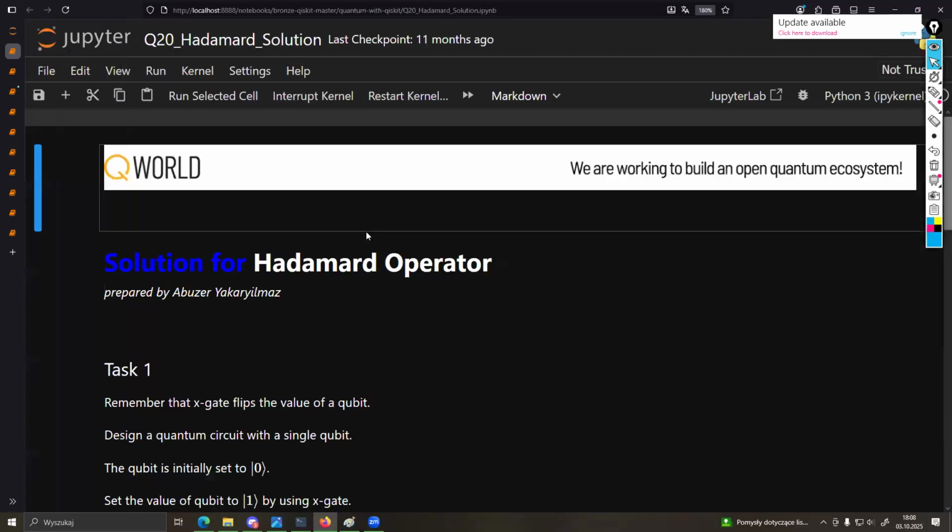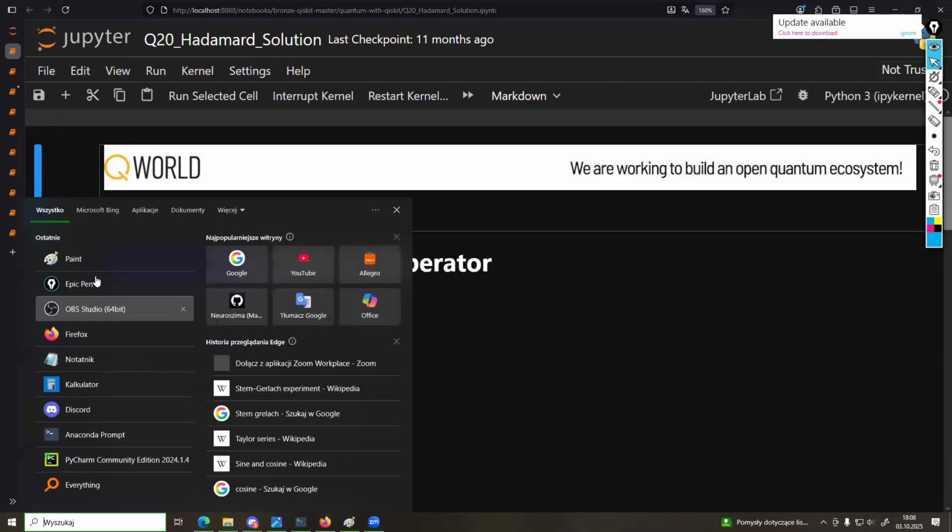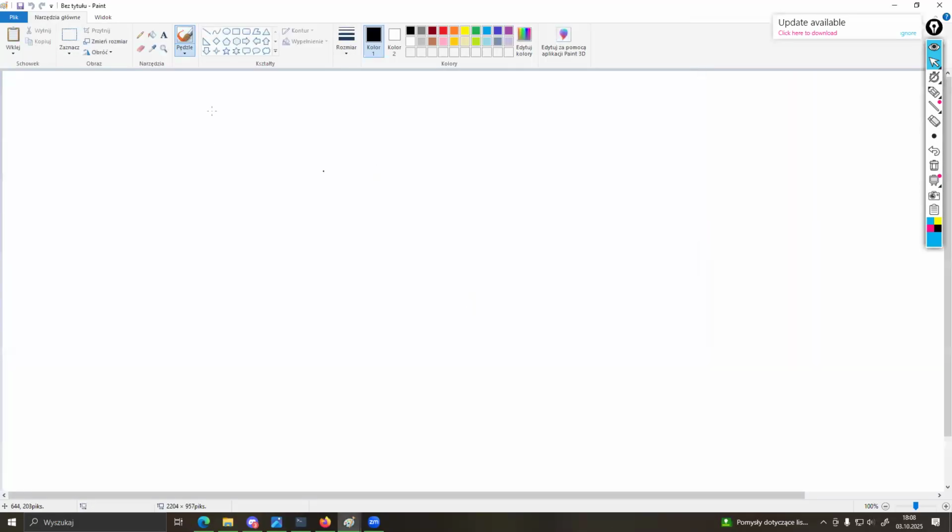So we have been talking about different states. I will open up Paint and minimize this window on my side, since it is not really necessary here.